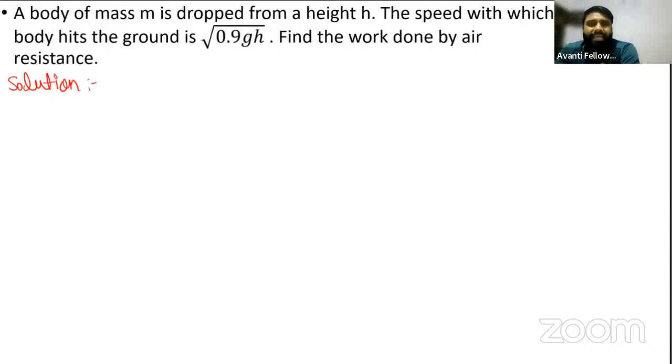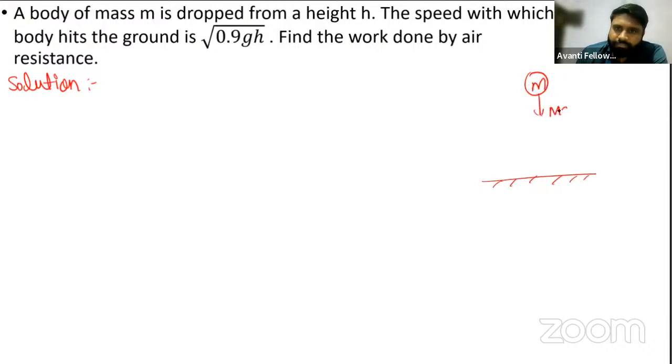A body of mass m is dropped from a height h. The speed with which the body hits the ground is square root of 0.9 gh. Now find the work done by air resistance. So let's say this is the ground we have. This is the ball, a body of mass m.